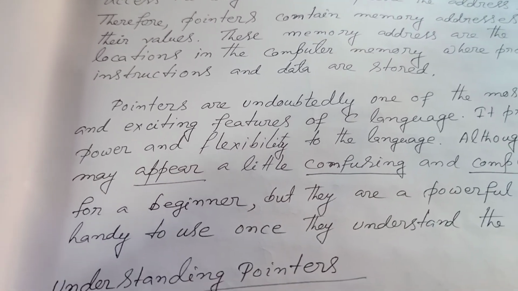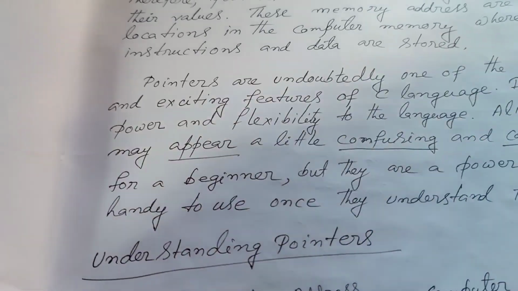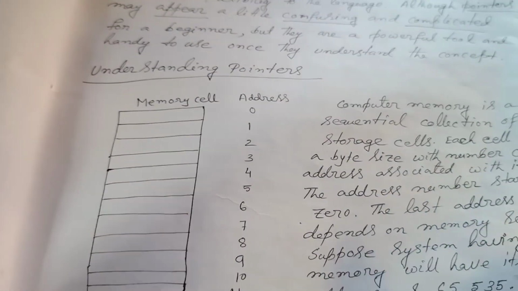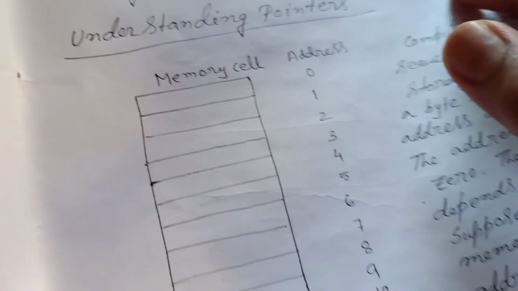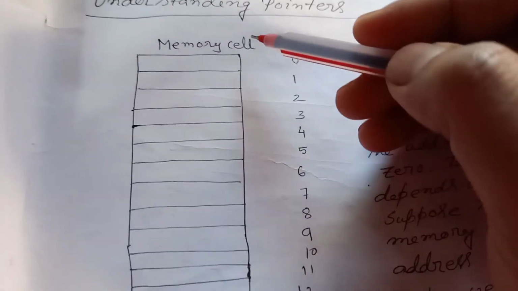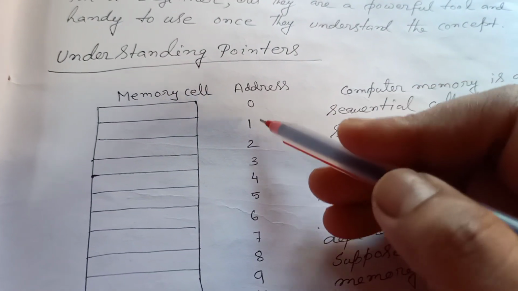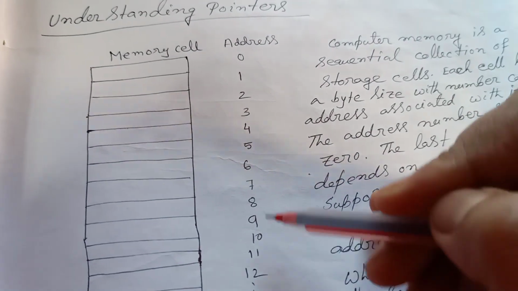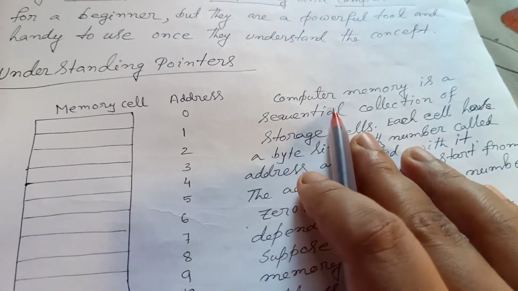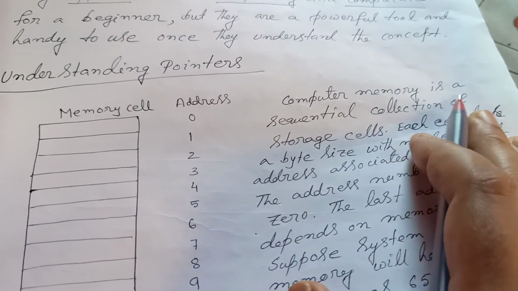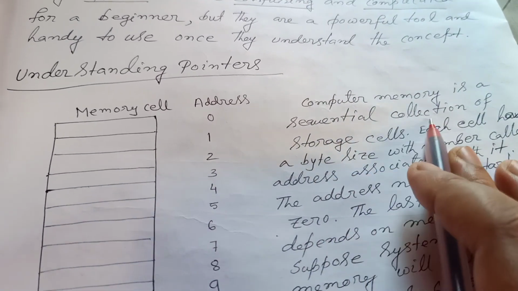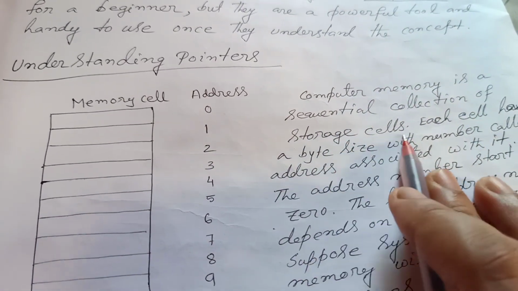Okay. Now, understanding pointers. First, all of you know the memory cell, and each memory cell contains an address. Computer memory is a sequential collection of storage cells.